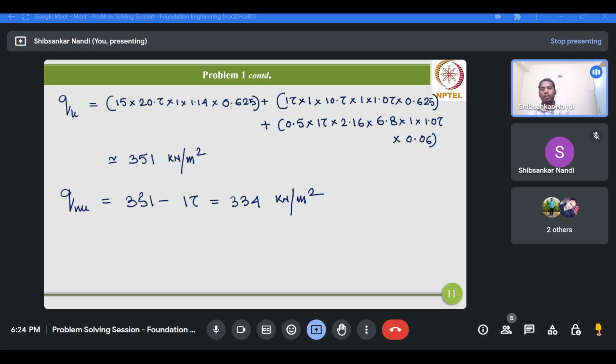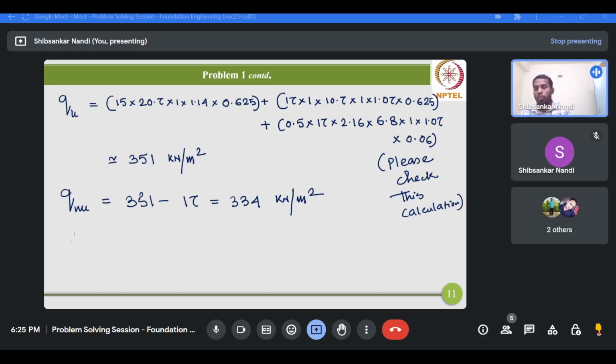Okay, so please check this value. Okay, so I may be wrong for the calculation part. Okay, so please check this calculation. However, the approach should be same.